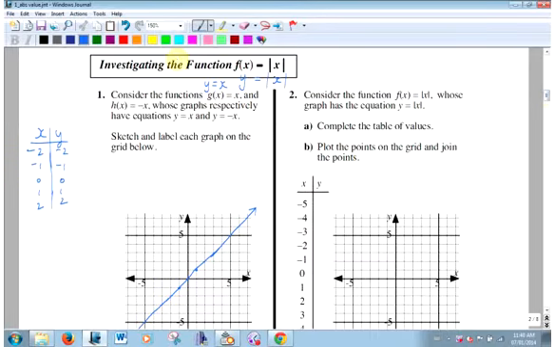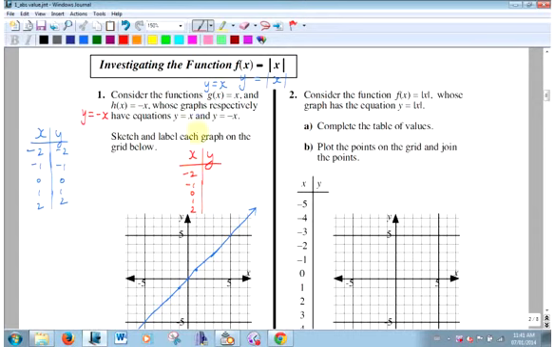We got another function to plot. I'm going to use red. So h of x, again, let's just think of that as y. Now I want negative x. How's this one going to look different? Every value of y is now going to be the opposite sign, right? So let's quickly plot it.